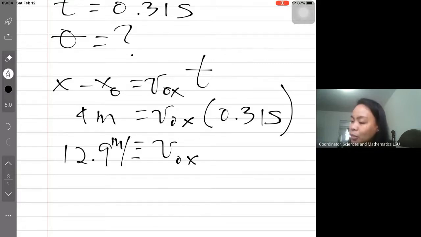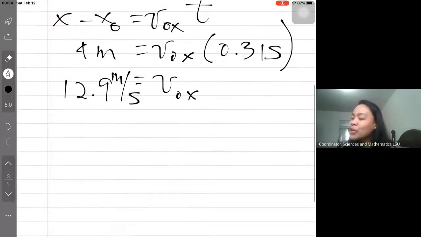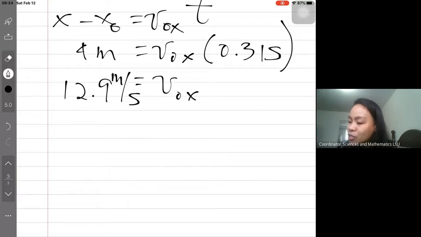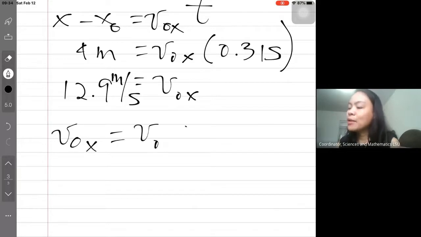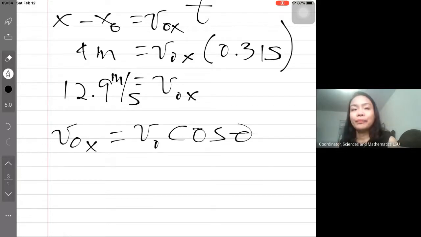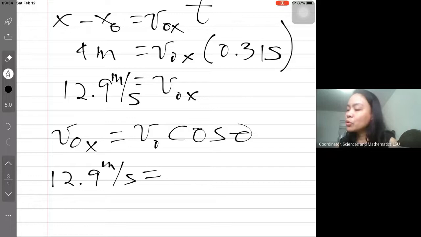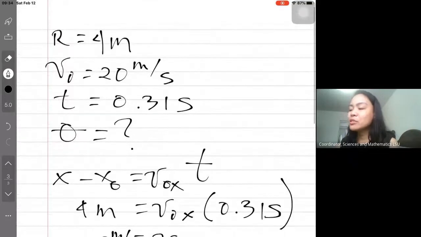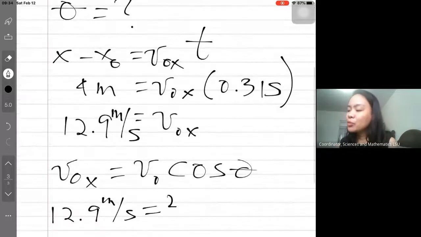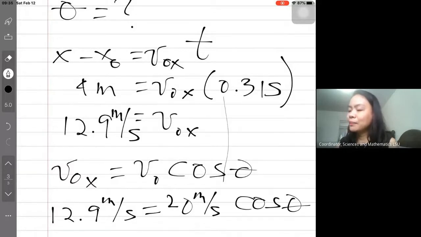It is equal to 12.9 meters per second. Now we can use this for our next equation, which is v sub o x is equal to v sub o times cosine theta. We solved for v sub o x, it is 12.9 meters per second, and that is equal to, what is our v sub o? The given is 20 meters per second, so we have 20 meters per second times cosine theta.